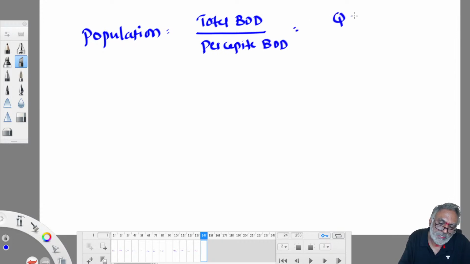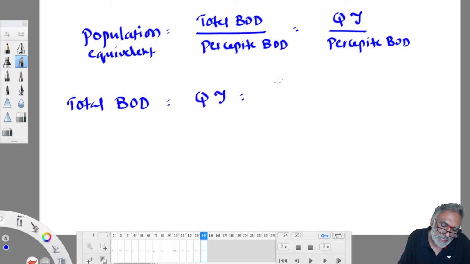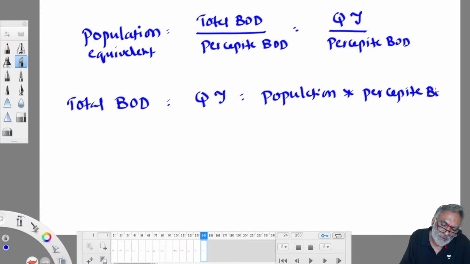So total BOD is Q into Y, divided by per capita BOD, gives the population equivalent of any waste. Therefore, total BOD of any waste we can also work out: it is Q into Y, which is also equal to population into per capita BOD. So, a very useful expression.